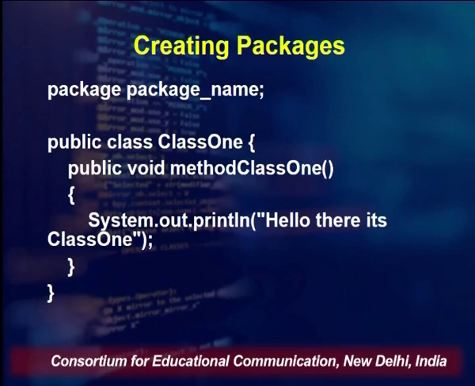It could be any variable name, there could be 1, 2, ONE, TWO, whatever package name you want to give. Then there is a public class named class 1, and within that class 1 there is a method, also named method class 1, which prints hello there, it is class 1.